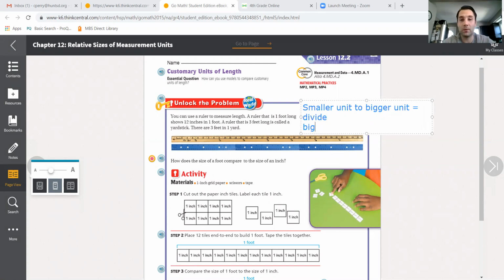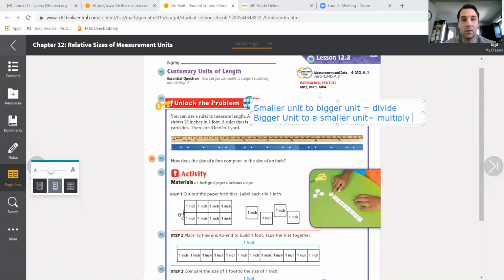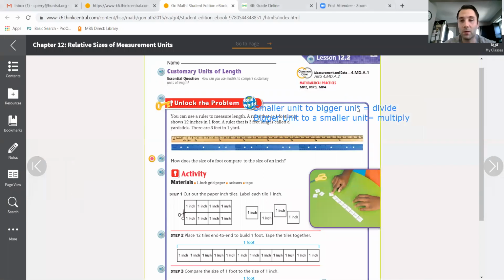A bigger unit to a smaller unit, we are going to multiply. Now, those are pretty important. I'll go a little more in depth on these terms later on because the lesson is going to revolve around these key terms.